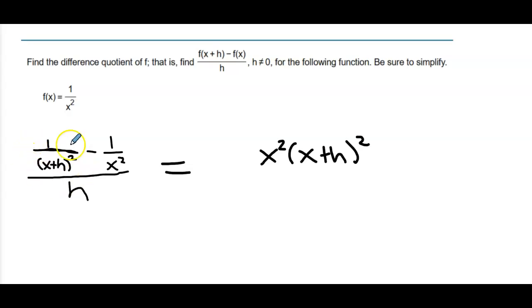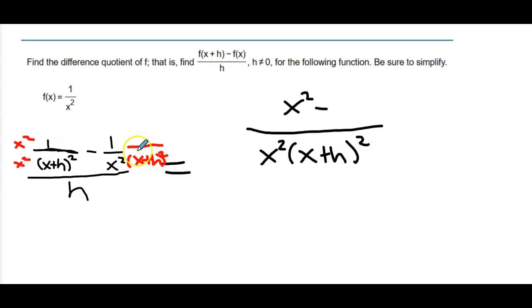Now to make this first term in the numerator have the common denominator, it's missing a factor of x squared. So we're going to multiply x squared top and bottom, and that'll give us x squared in the numerator here. And then when we subtract, the second term was just x squared, so it was missing an x plus h squared.